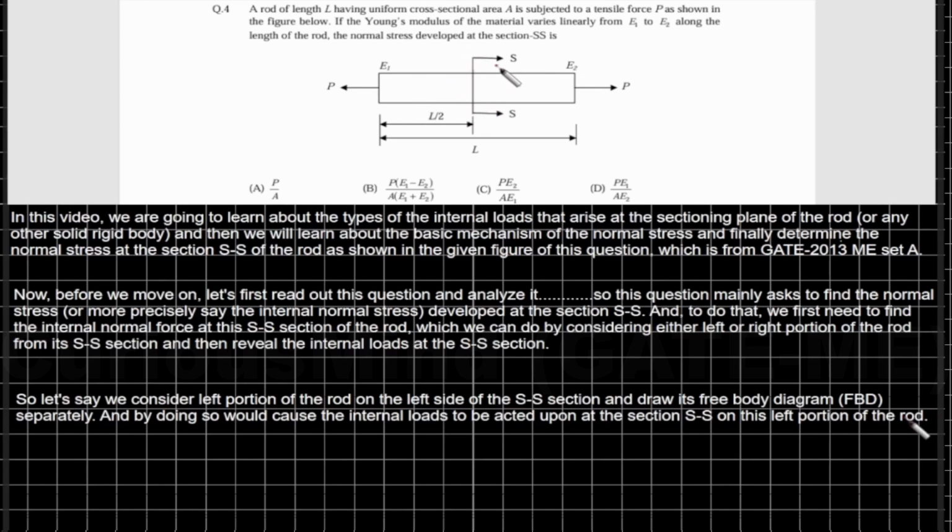Alright, in other words, we consider those internal loads to act at this SS section of the left portion of the rod. So the condition of this left portion of the rod remains the same which was before sectioning of this rod at this SS section.